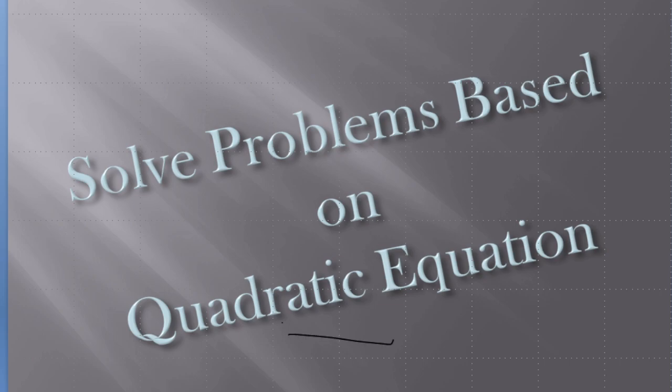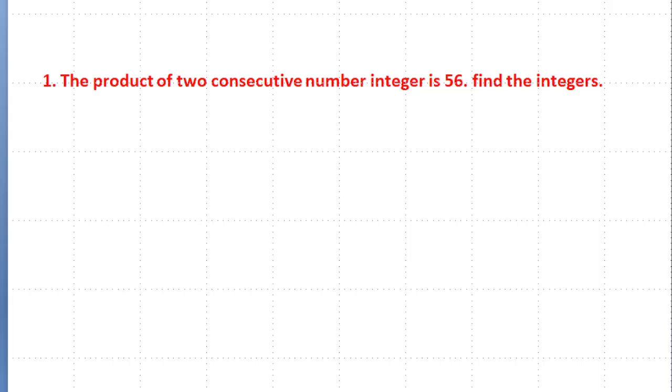Our first example is: the product of two consecutive integers is 56. What is given? The product of two consecutive integers is 56. Two consecutive numbers means numbers one by one, whose difference is always 1.